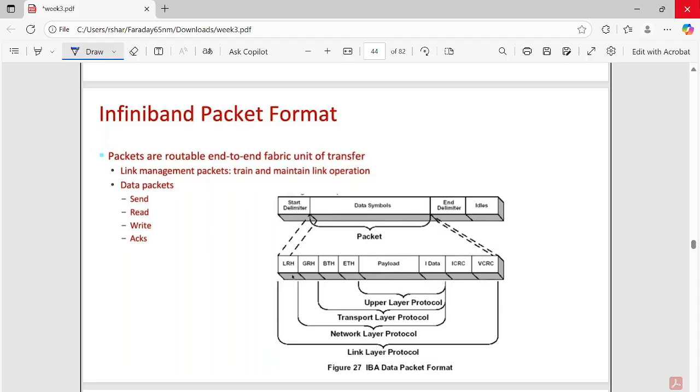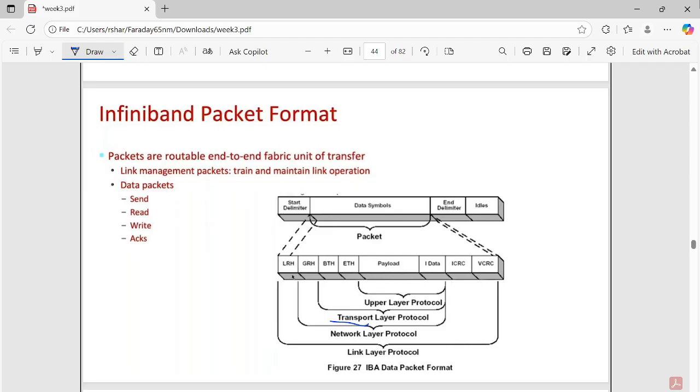It will contain a local routing header or a global routing header, and a transport header, based on the standard OSI 7-layer model, which is actually the basis for most of the network, or all of the network.